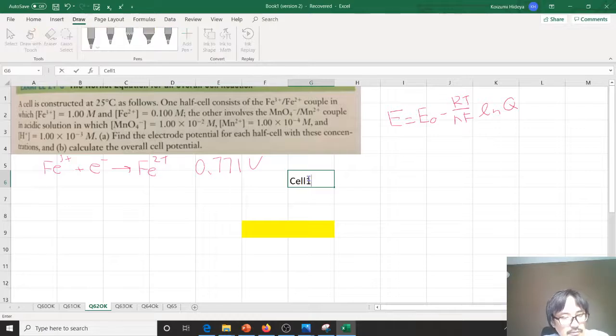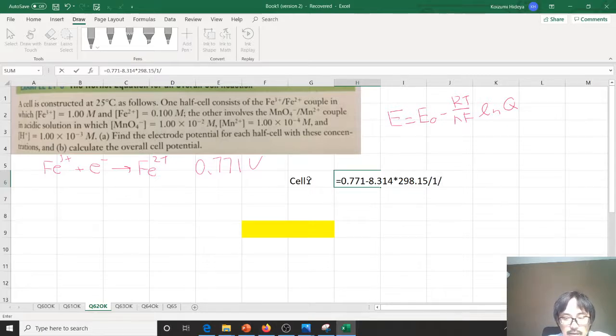For cell 1, E equals E naught, 0.771, minus R, which is 8.314, multiplied by 298.15, divided by the number of electrons, which is 1, times 96500, that's Faraday's constant, multiplied by ln of Q. Q is product over reactant.